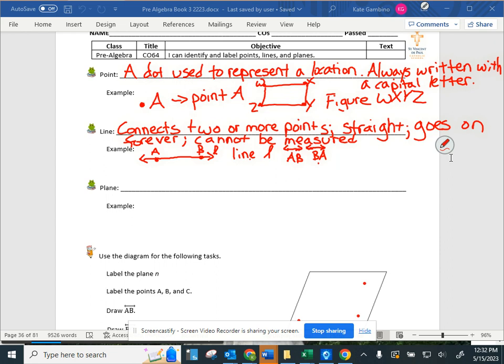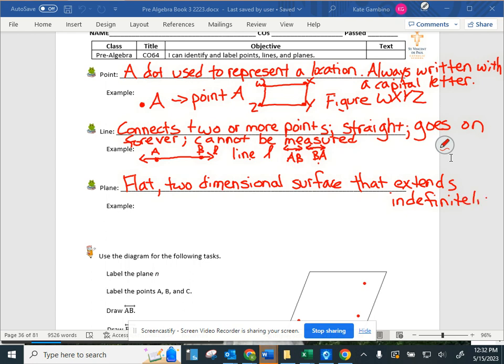Next is a plane. A plane is a flat, two-dimensional surface that extends indefinitely. When we were working with our coordinate plane, graphing our numbers, people said, what if I do this slope?